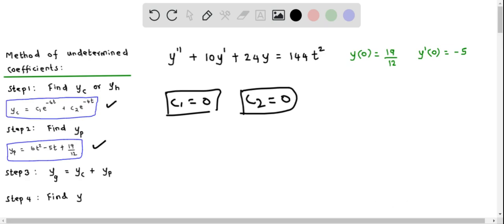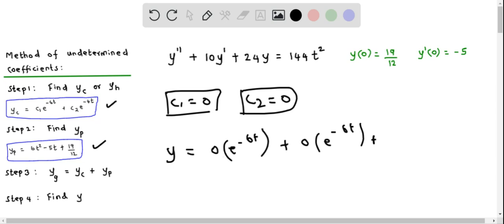And so we can write down the final solution of this initial value problem, that is y equals c1 e raised to the power of negative 6t. So I'm going to replace c1 equals 0. So this will be 0 times e raised to the power of negative 6t, plus c2, that is 0 times e raised to the power of negative 4t, plus 6t squared minus 5t plus 19 over 12.